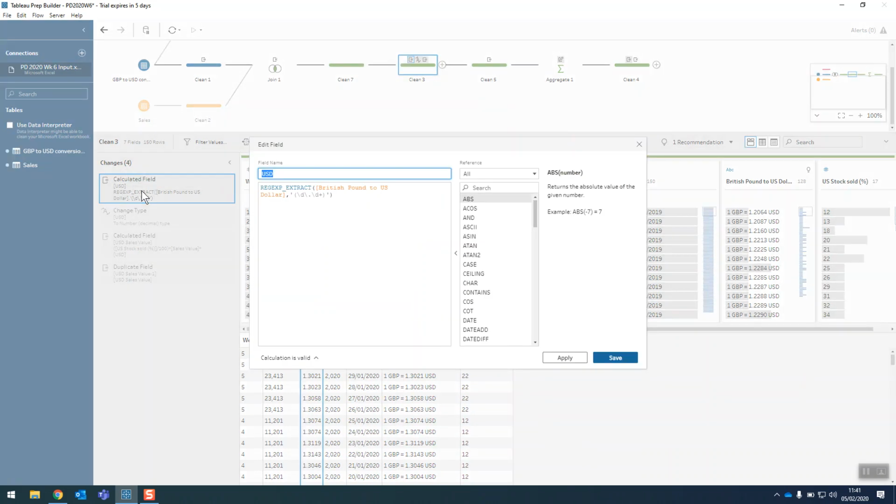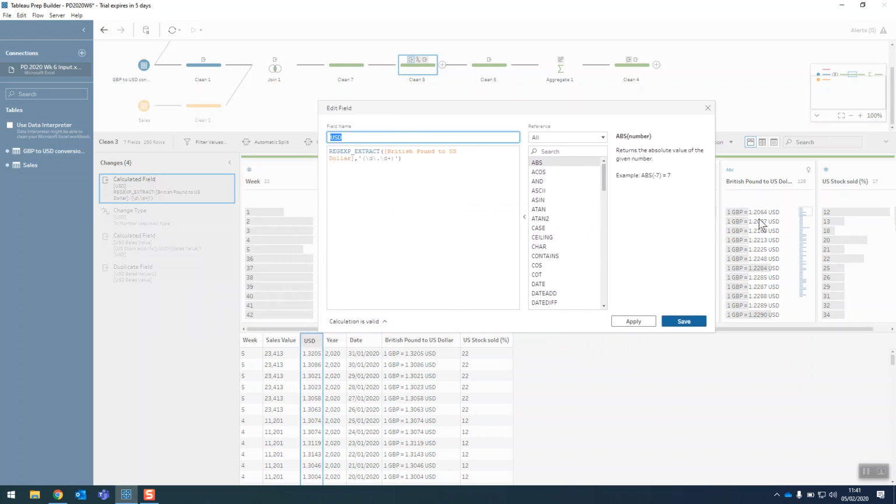First of all, we're extracting that conversion rate using a bit of regex, because we know, looking at this column, that it's always going to be a digit, a dot, and then some more digits. So that's simply what this regex is showing: one digit, one dot, and one or more digits.